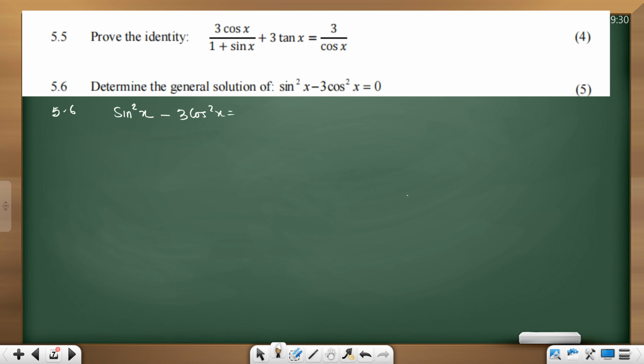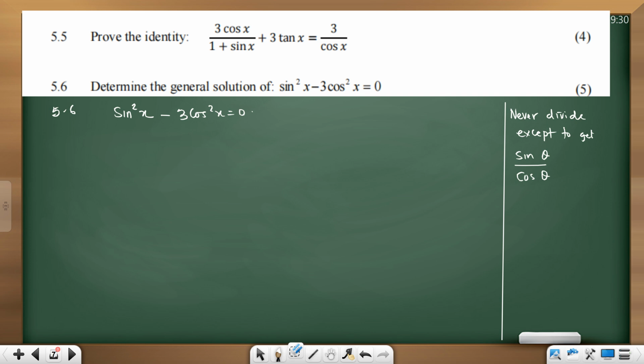Okay, guys, the rule is never ever divide except you are going to get sine theta over cos theta. And I see that in this case, I'm actually going to get that.